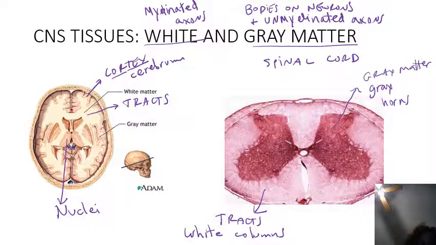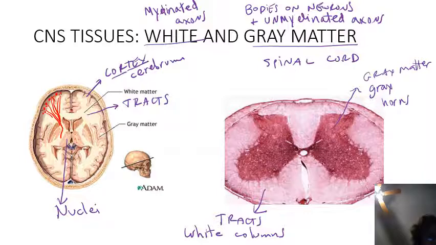So you could imagine bodies of neurons clustered, millions of them clustered in the cortex of the cerebrum, while their axons travel as tracts within tracts in the white matter.